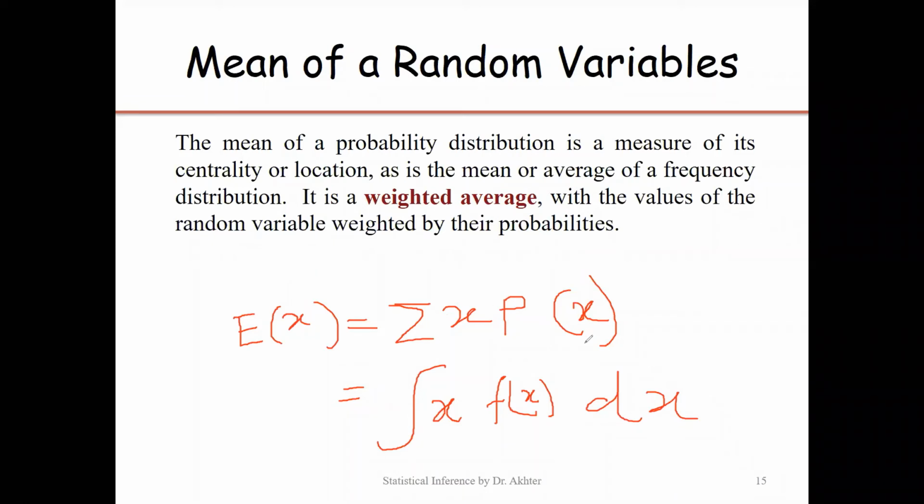If it is a discrete function, it is just a product of column X and P(x) and the total of this column. This is called the mean of X. Mean of X can also be represented by the symbol mu x. Or in simple terms, we can call it X bar. Mean of X, E of X, all are the same things which are represented differently.